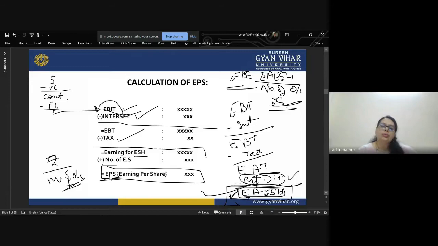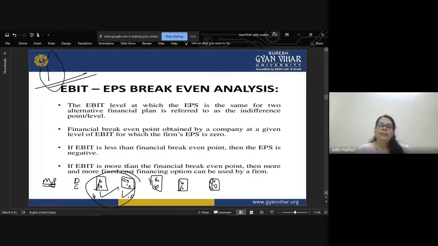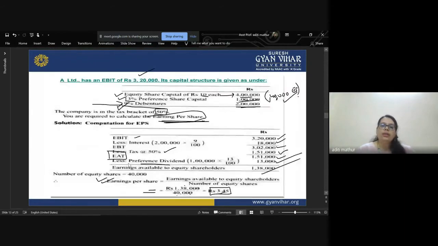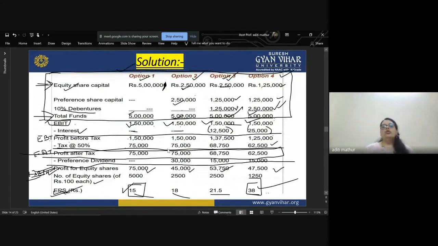From that you derive your EPS by dividing it by the number of equity shares. We solved two questions: one was to learn how to calculate the EPS, and the second was to select the best option.